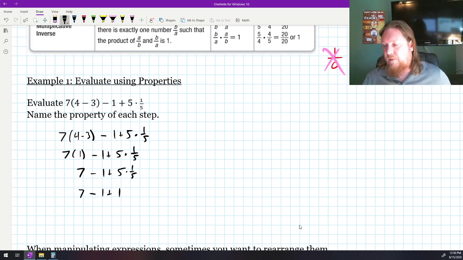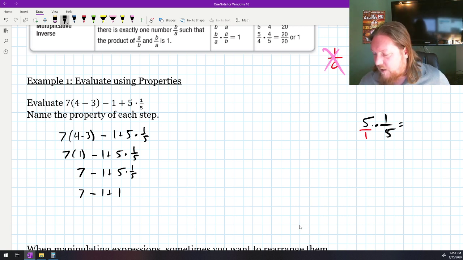Now, here's something. I'm going to pull a little aside over here. 5 times 1/5. What's actually happening in that problem? Well, any whole number like 5 really is being divided by 1. And if you remember how to multiply fractions, you do the top times top, bottom times bottom, or numerator times numerator, denominator times denominator.